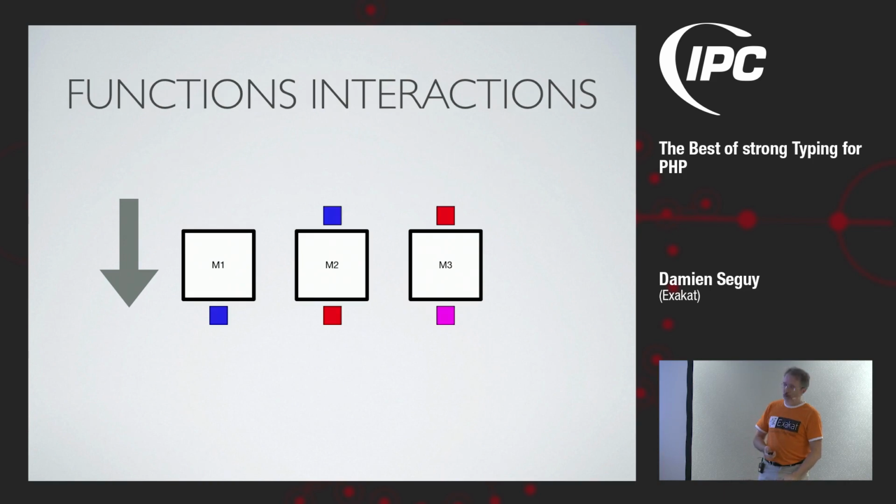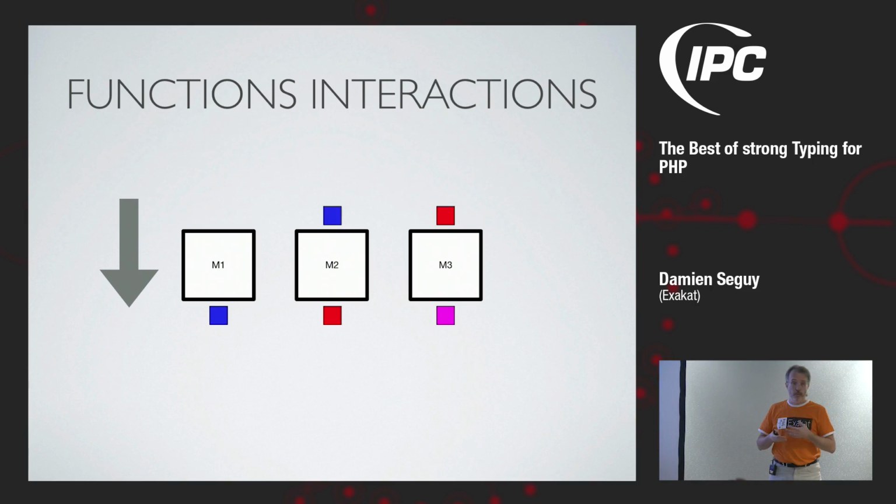Let's take a look at how it works if we get some typing. The execution, if we have any, is from the top, so the arguments are little squares at the top, and what we get is the result at the bottom. Here we are all strong typing everything, so we can see what we have here.